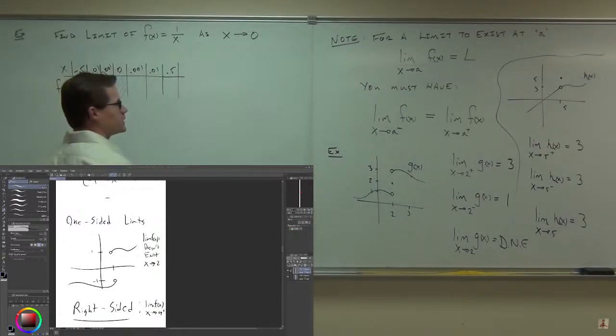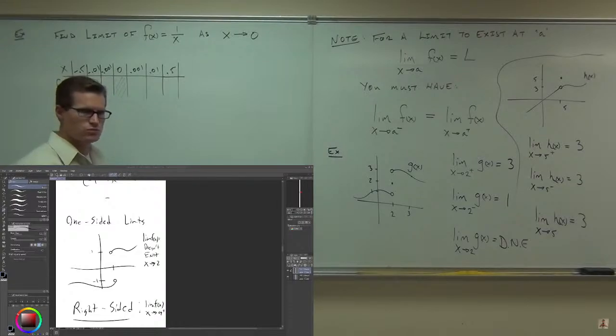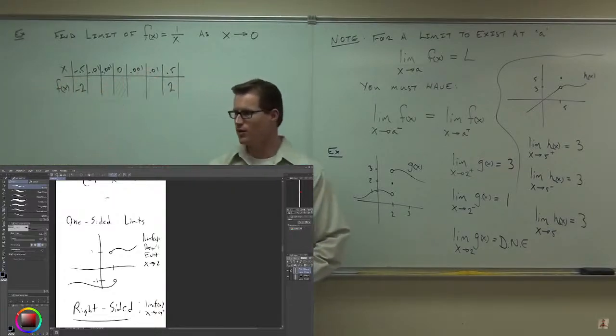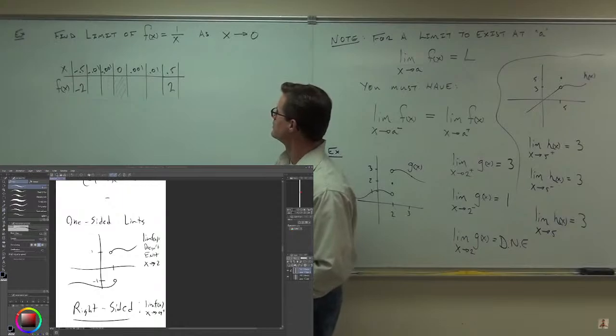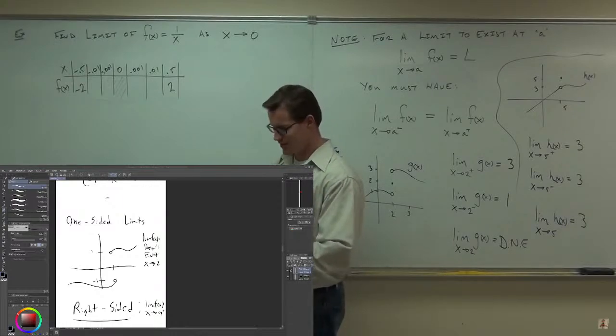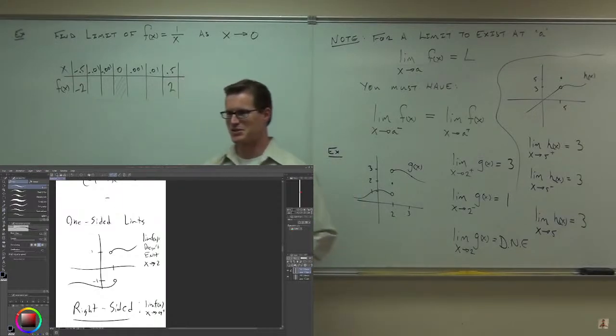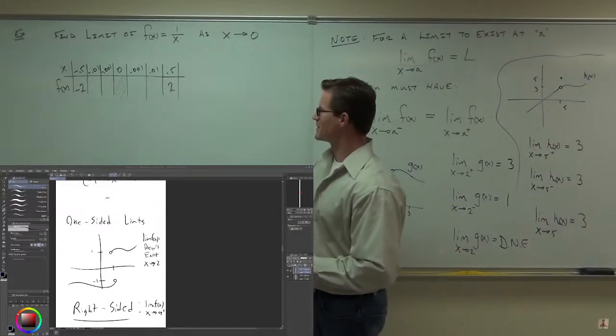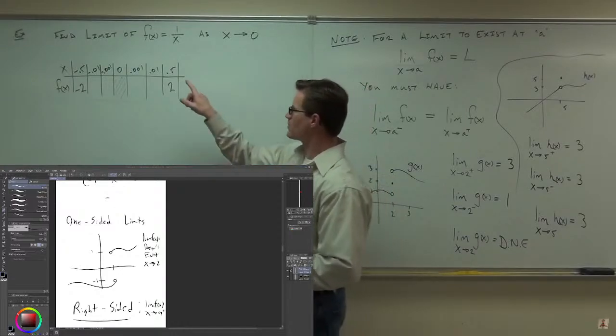So if you take 1 and you divide by 0.5, I'm hoping that you got 2. Did you get 2? And over here you probably got, well, I'm going to be a genius about that, -2. Did you get -2? Okay, good. So 2 and -2, very good. Now, how about 0.01?